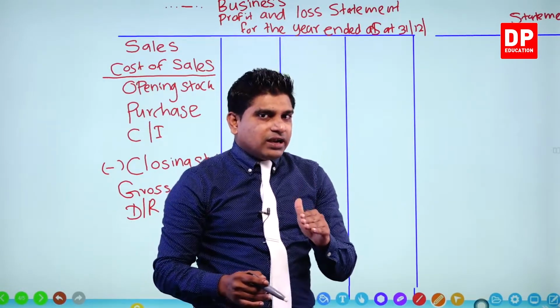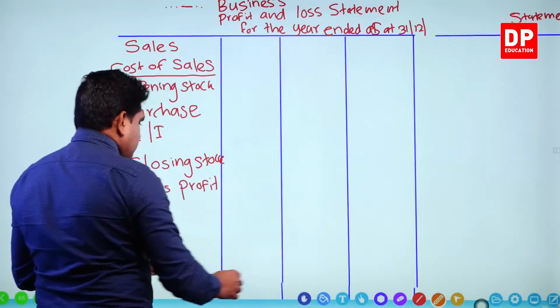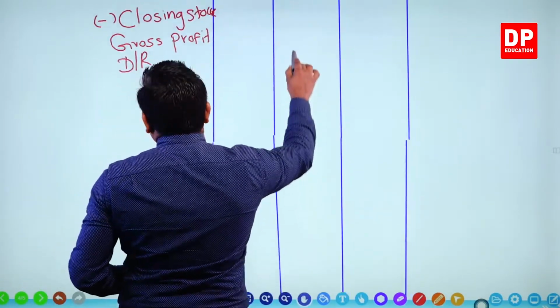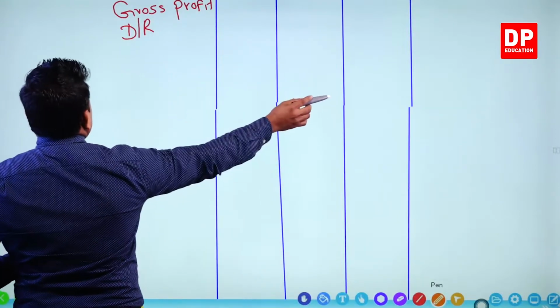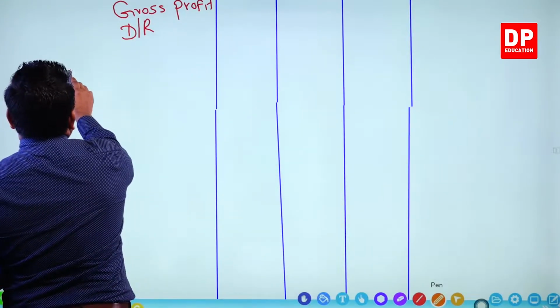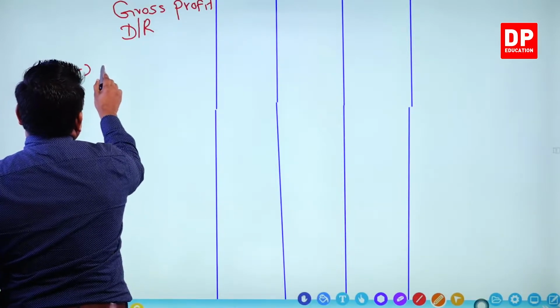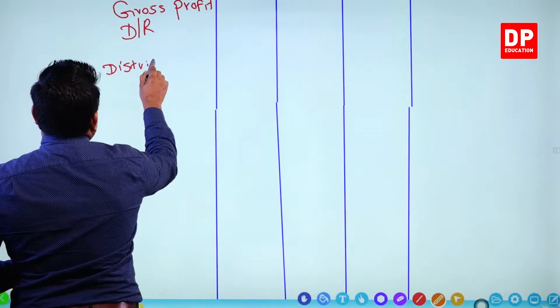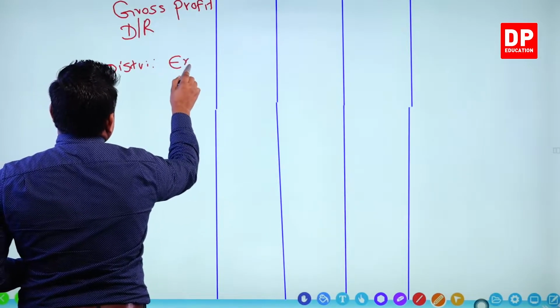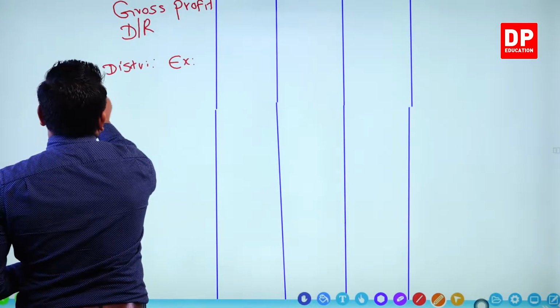We keep one line for that. Then expenses, right? First we write distribution expense.